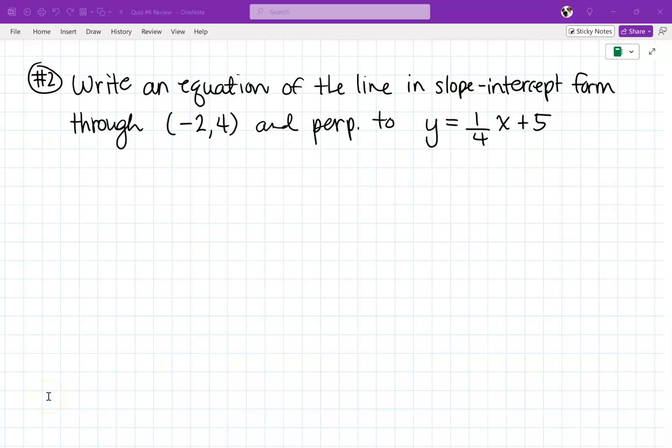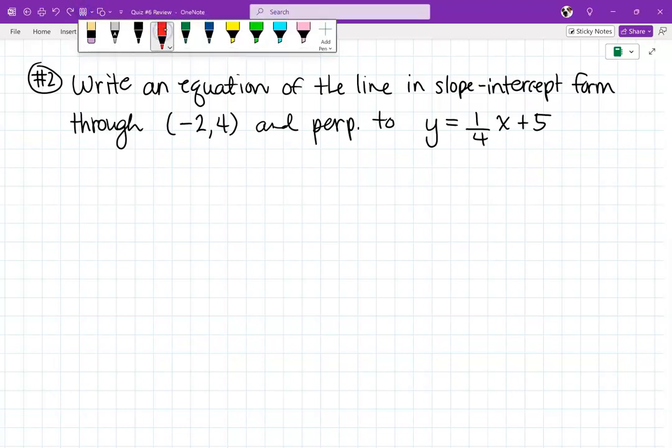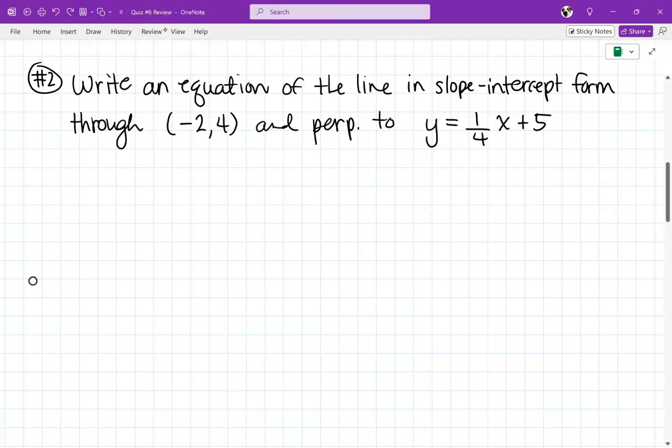All right, so again, they want an equation in slope-intercept form. Okay, so y equals mx plus b. They say that it has to pass through a certain point, -2, 4, and perpendicular to y equals 1/4 x plus 5. Well, if my slope for the new line has to be perpendicular, and this slope is 1/4, then if I flip it and change its sign, I get -4, right? So my slope is supposed to be a -4 for my new equation.